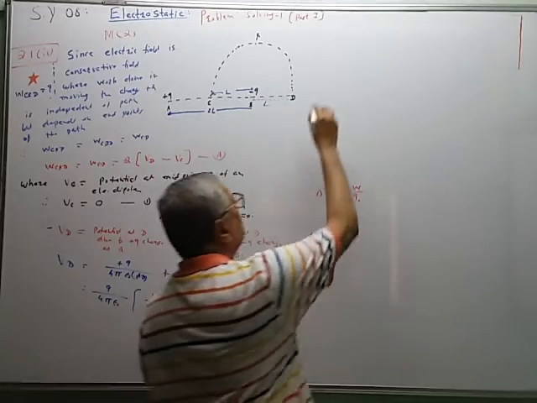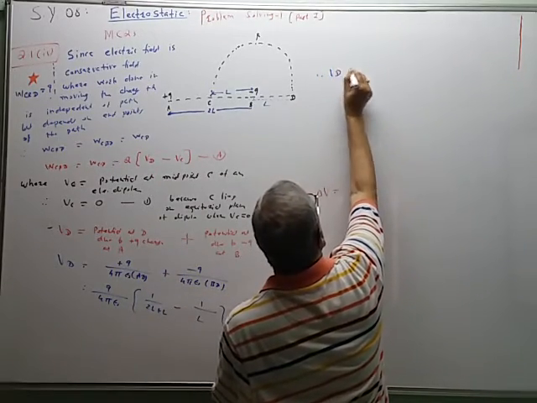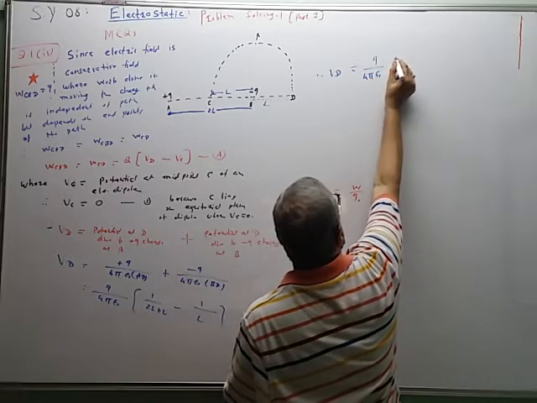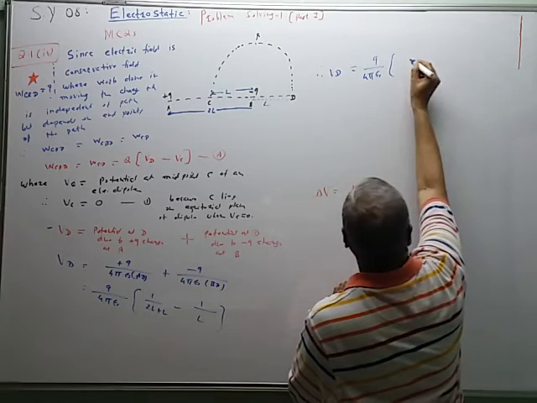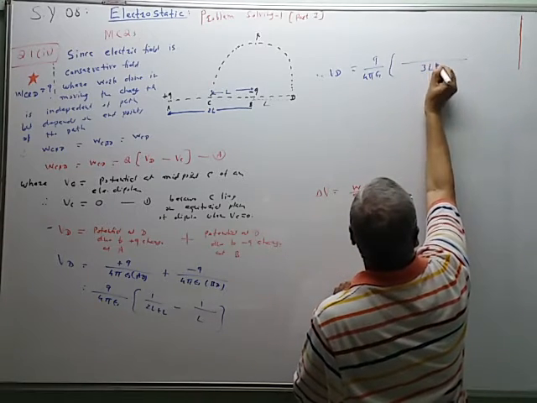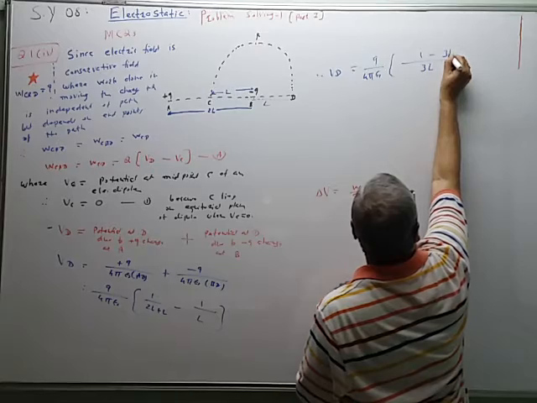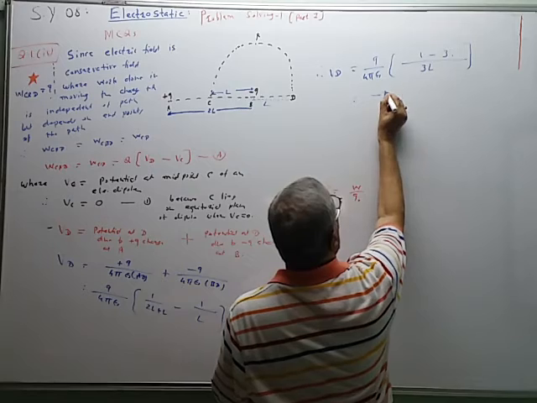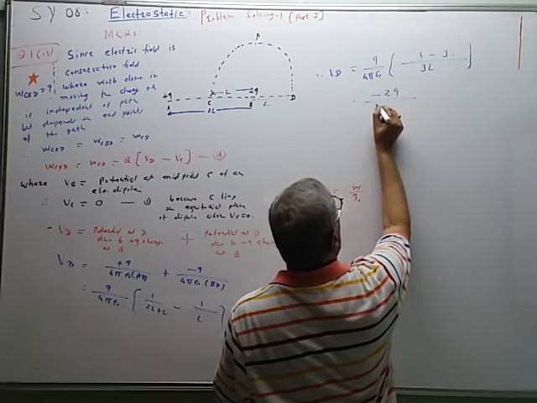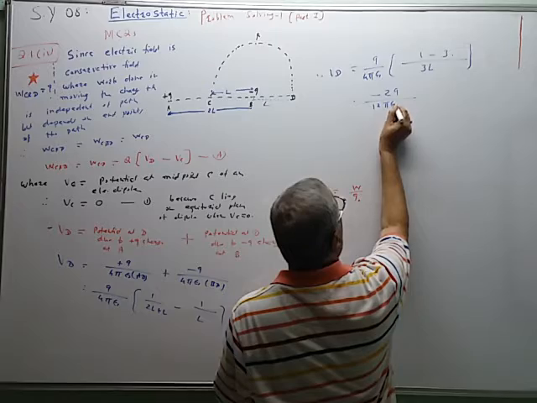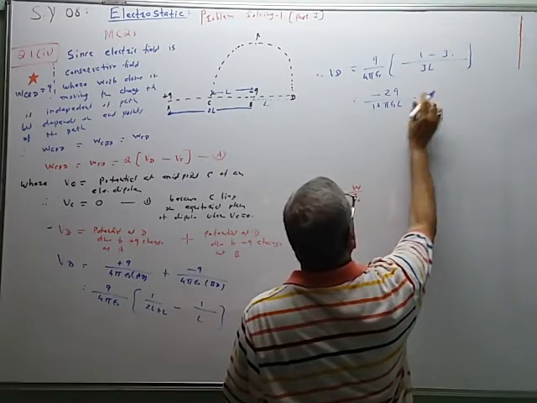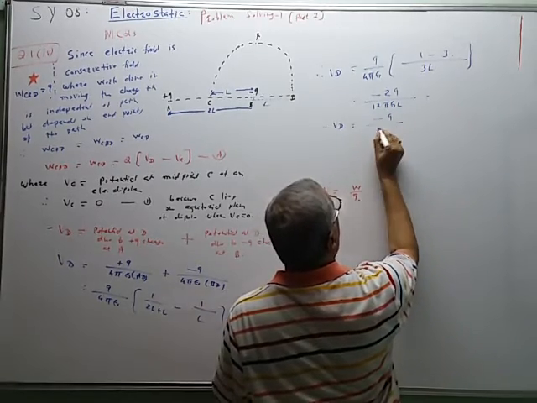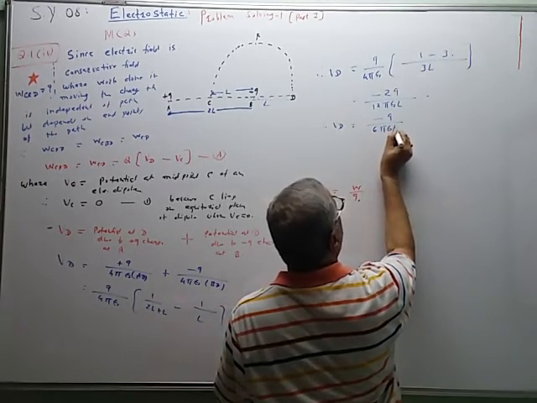And therefore VD is equal to Q upon 4 pi epsilon naught, LCM 3L, 1 minus 3L, sorry, 1 minus 3, so this is equal to minus 2 times Q upon 12 times pi epsilon naught L. So VD is equal to minus Q upon 6 pi epsilon naught L.